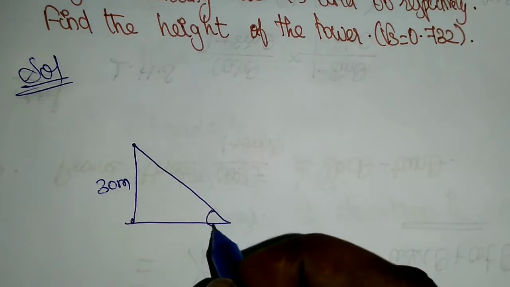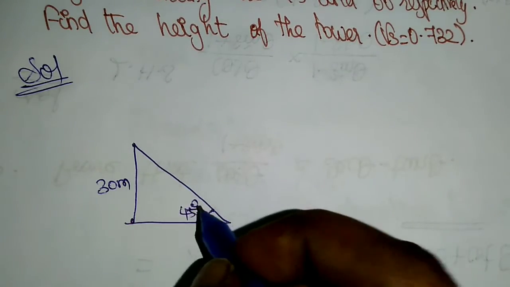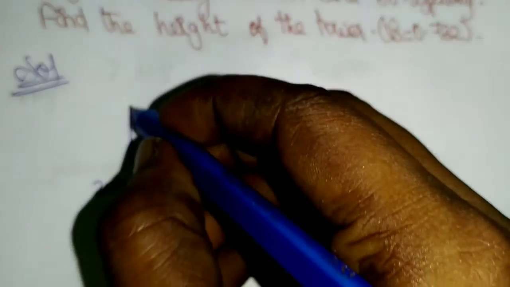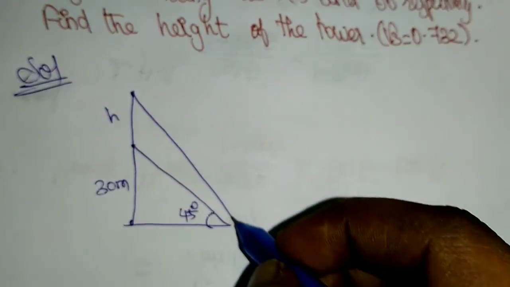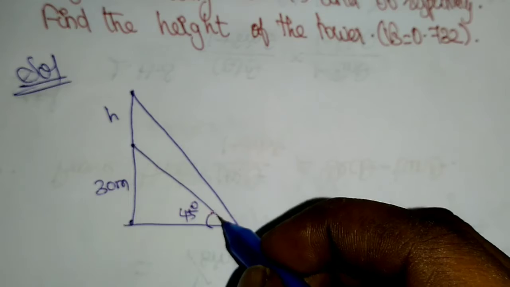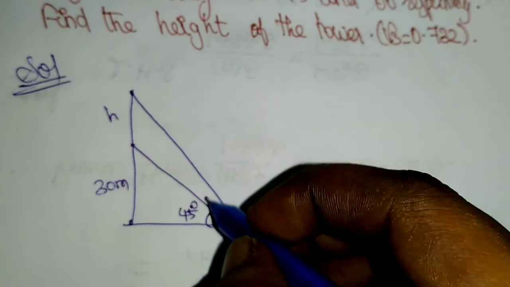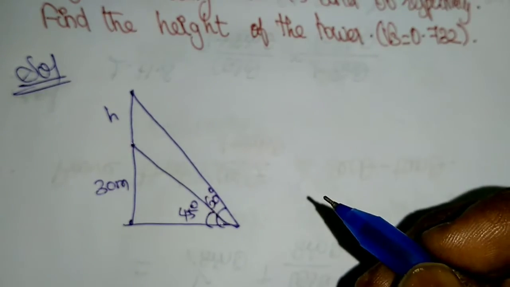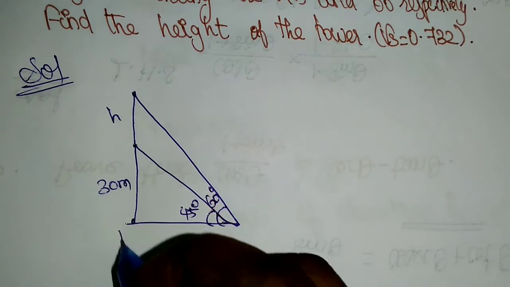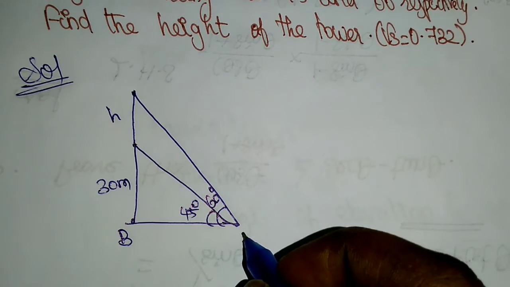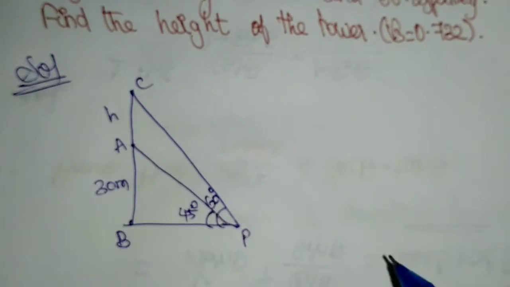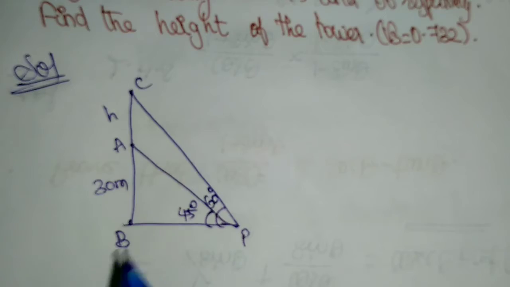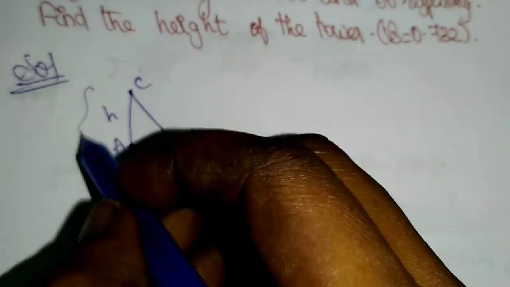And from the top of the tower, the angle of elevation is 60°. Here it is B, P, A, C. Here we have to find the height of the tower.